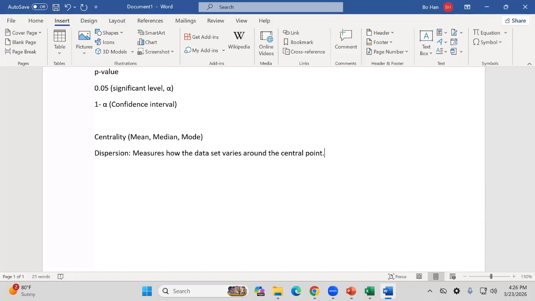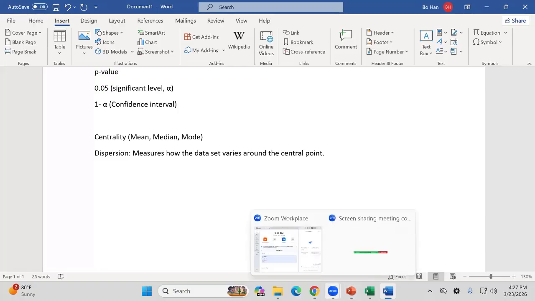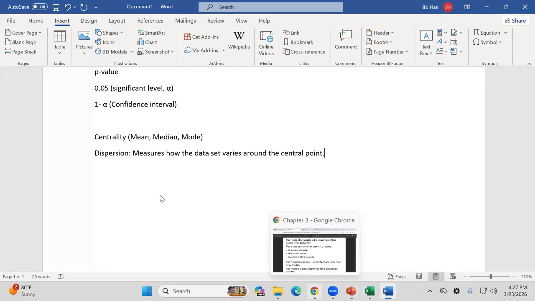Whatever you use, mean, median, or mode, you identify the central point of the data set, right? Another factor you need to consider is how the data set overall changes and varies around the central point. We use dispersion factors to measure that. There are several ways. Standard deviation is the most frequently used one, right?